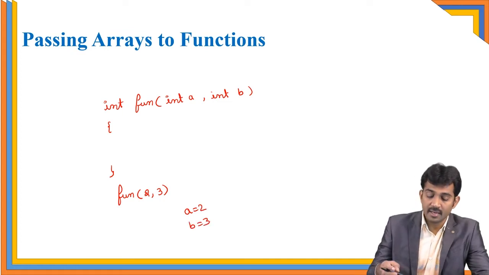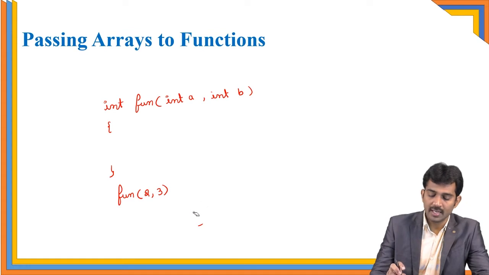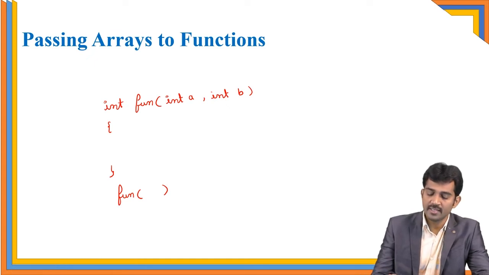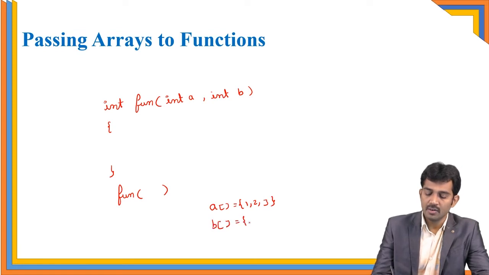For example, if you want to pass an array into the function, how are we going to pass? For example, A contains 1 2 3, B contains 4 5 6.